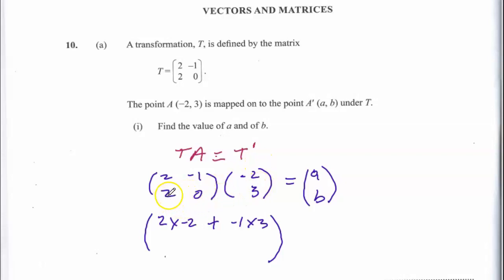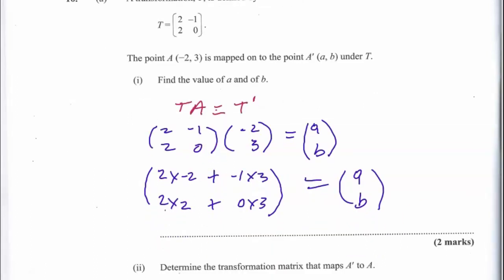So it's 2 times minus 2 plus 0 times 3. 2 times minus 2 is minus 4, and negative 1 times 3 is negative 3, so negative 4 plus negative 3 is negative 7. 2 times 2, that's 4, 4 plus 0 is 4.